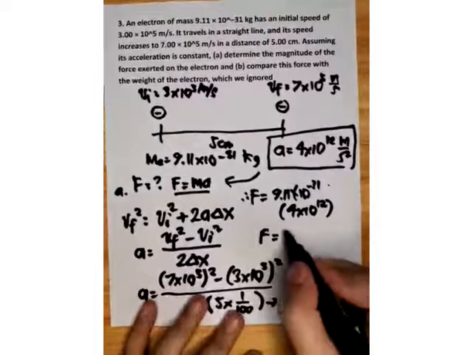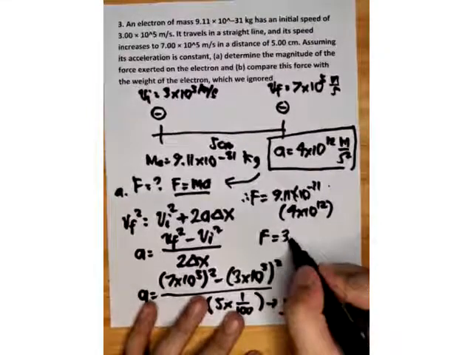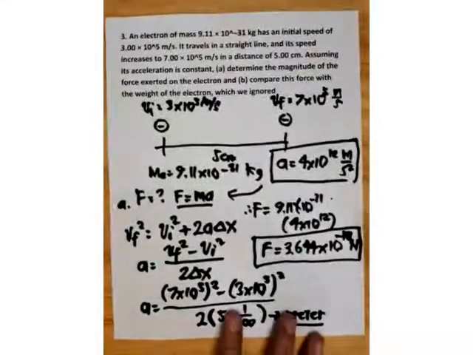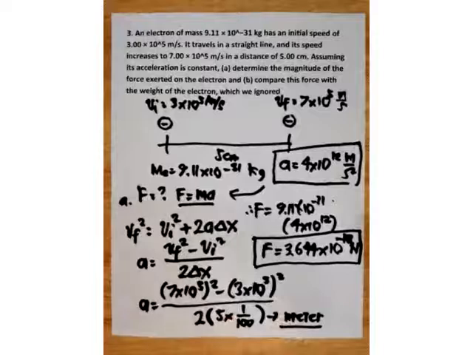Okay, it is 3.644 times 10 raised to negative 18 newtons.